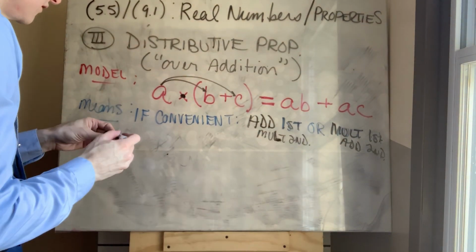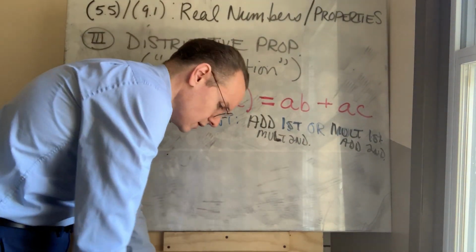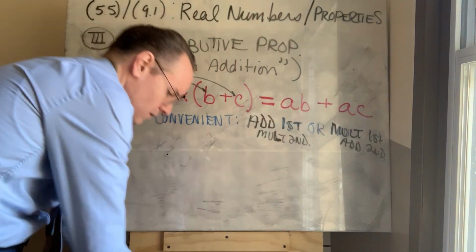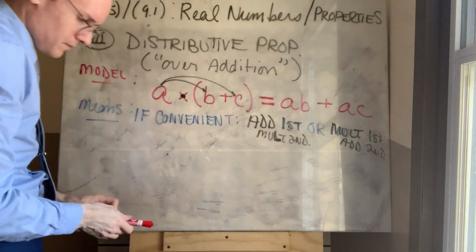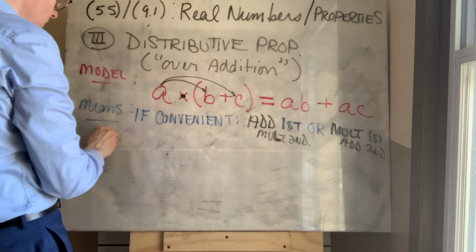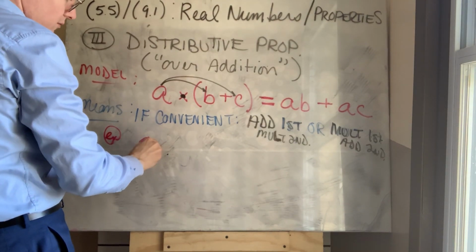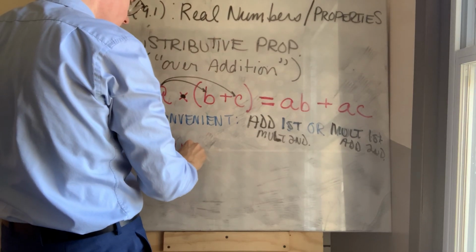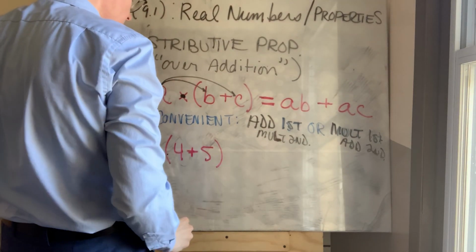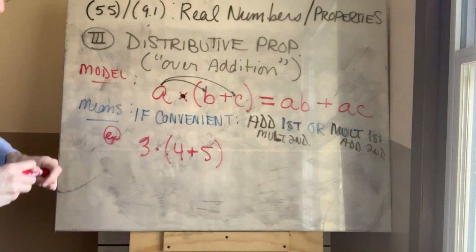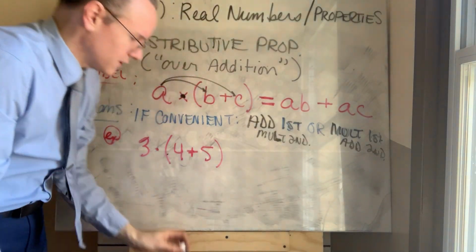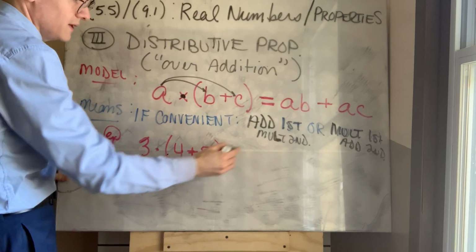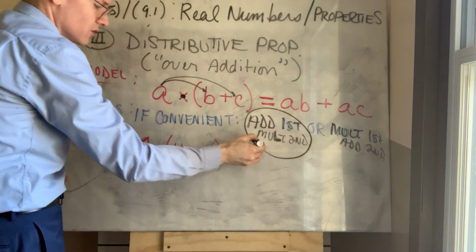Here's an example. If you had 3 hanging on the outside and 4 plus 5. Let us say that you decided to do the adding first and the multiplication second.